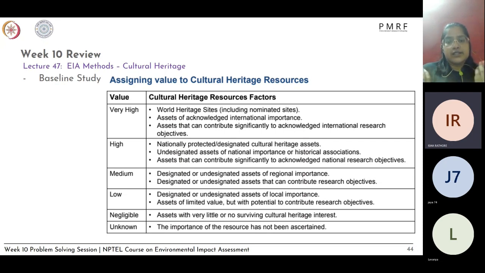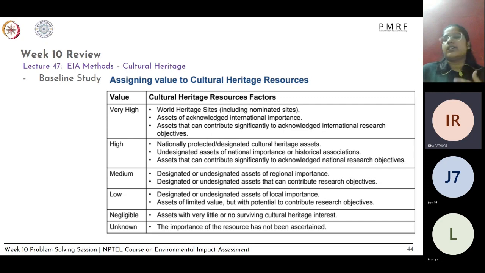So high is when the observations you make are important at a national level. Medium is when it's at a regional importance level. Low is when it is of limited value, possibly limited to the community itself.